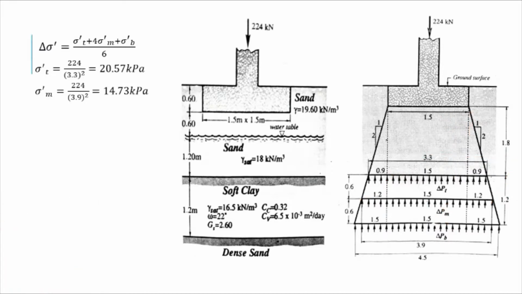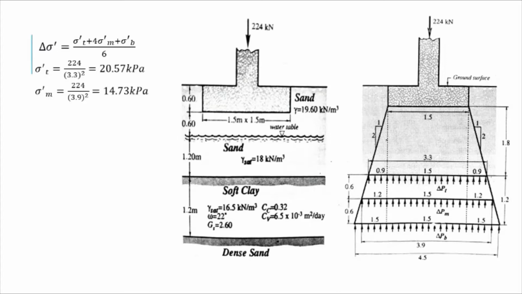And lastly, at the bottom ng clay layer is 0.6 plus 1.2 plus 1.2 is equal to 3.0. Am I correct? So, kung 3.0 ito, yung height, ito ay magiging 1.5 due to 1:2 method. Kung ito ay 3.0, ang kalahati ng 3.0 is 1.5. So, the area of distribution will be 1.5 plus 1.5 plus 1.5.